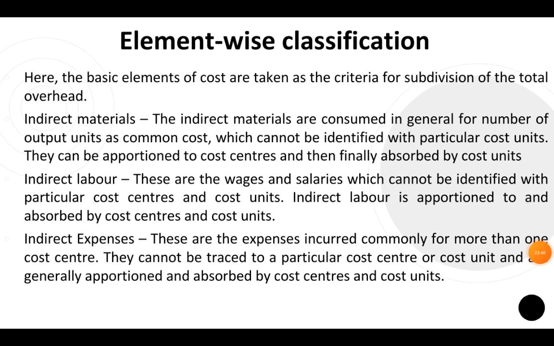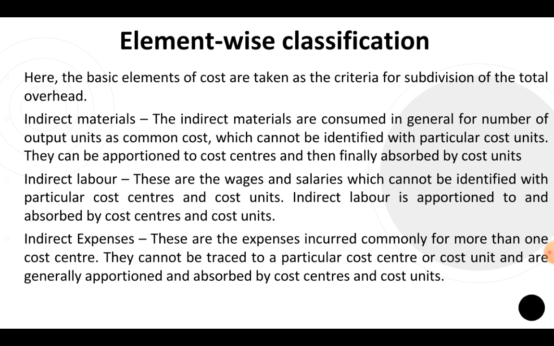Under element-wise classification, costs are classified on the basis of the subdivision of the total overheads. Total overheads are materials, labor, and expenses, the total of those indirect portions. So in the case of the element-wise classification, firstly you have indirect materials.